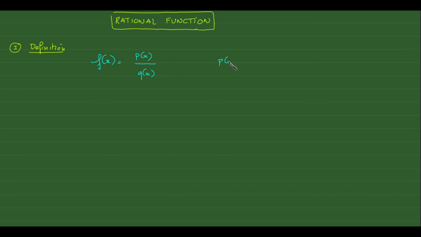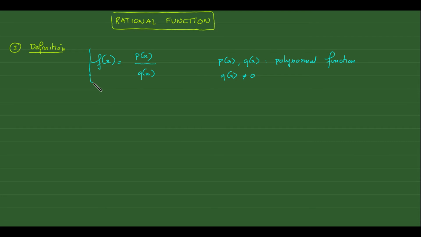So p of x and q of x are polynomial functions. And of course q of x must be different from 0, because if it's 0 then it's undefined, right?